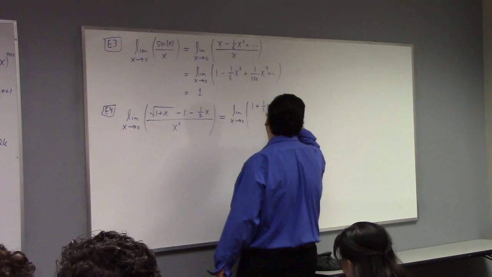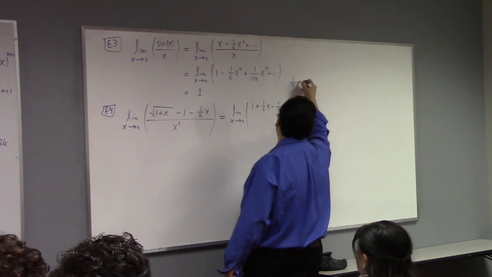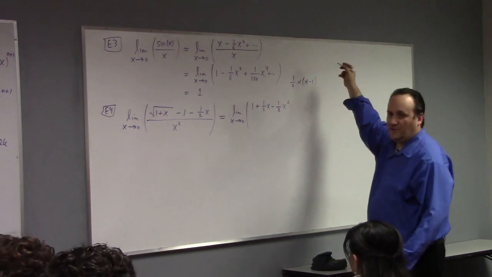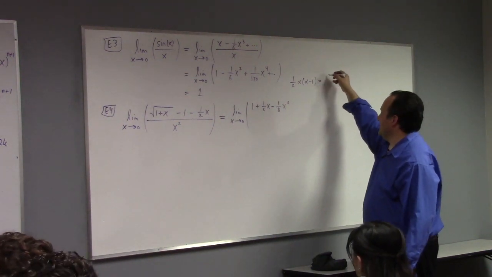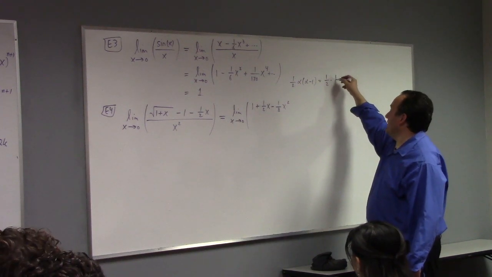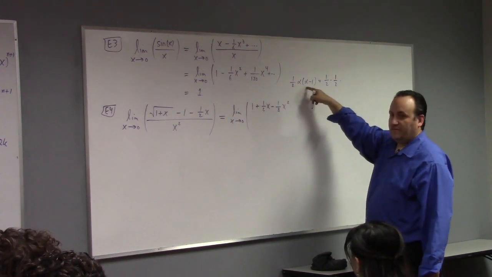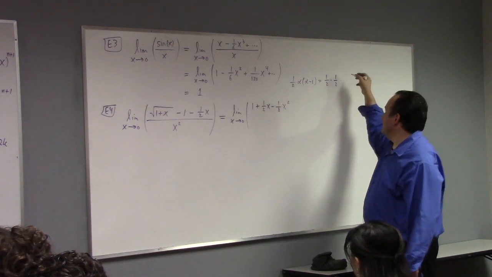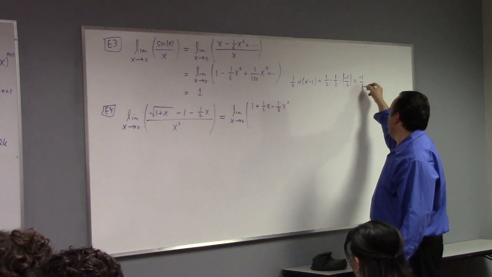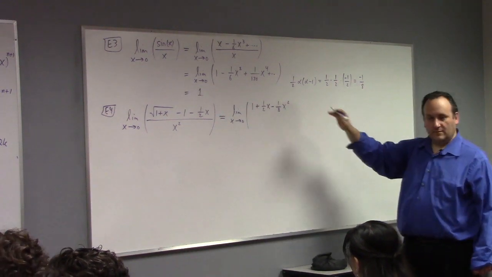Let me work it out: 1/2 times alpha minus 1. This is the mistake I always make on these problems, I forget to actually do the arithmetic. Alpha is a half, so 1/2 times 1/2 times 1/2 minus 1 is negative 1 over 2, so that's minus 1/8.